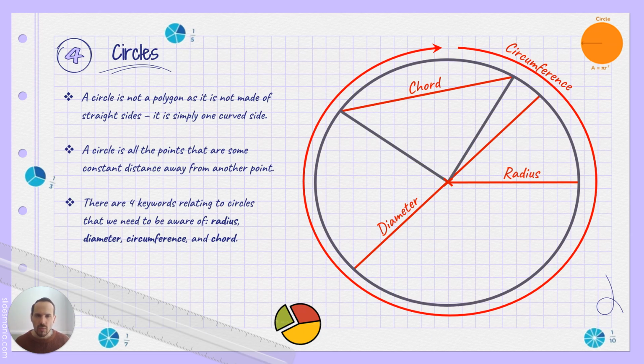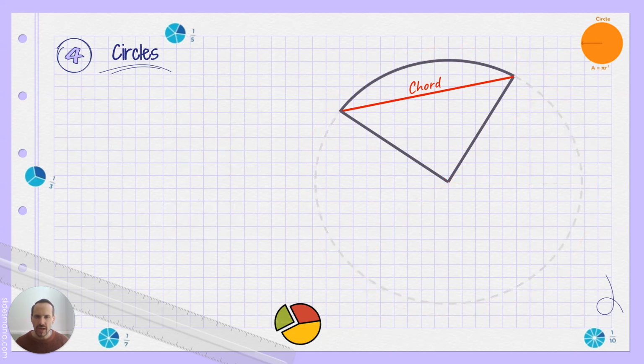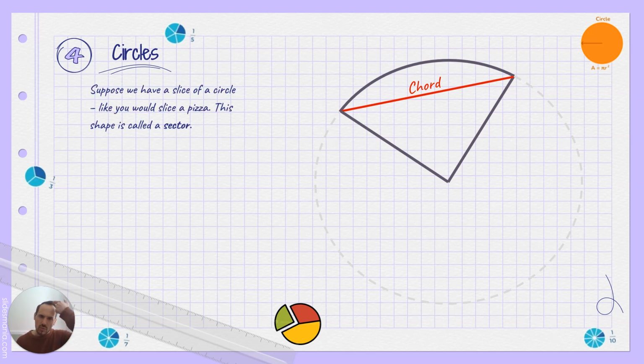Now, what I can do is draw, say, two lines like this, going into each end of that chord. And if I fade everything else away, what we have here is what's known as a sector. So given a particular chord, you can define a sector like this by drawing two radius lines to each end of the chord. You can imagine a slice of pizza or a slice of cake.